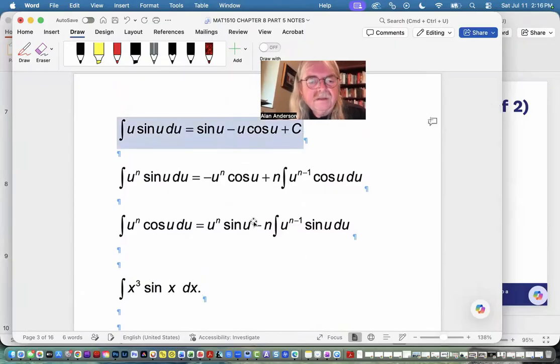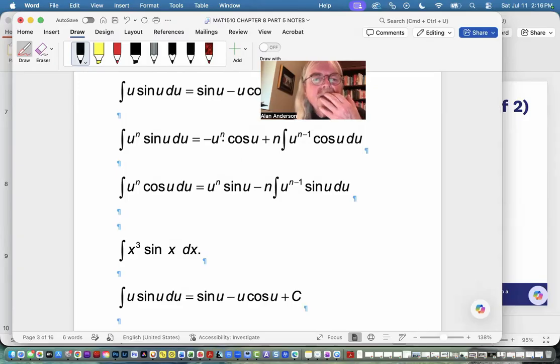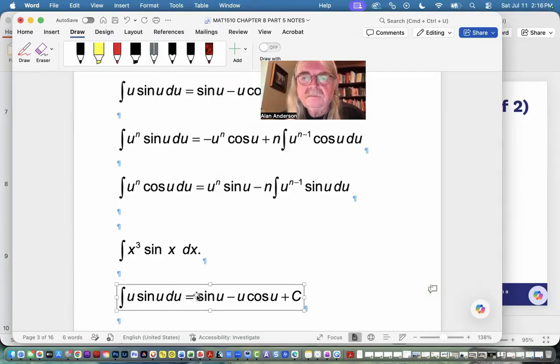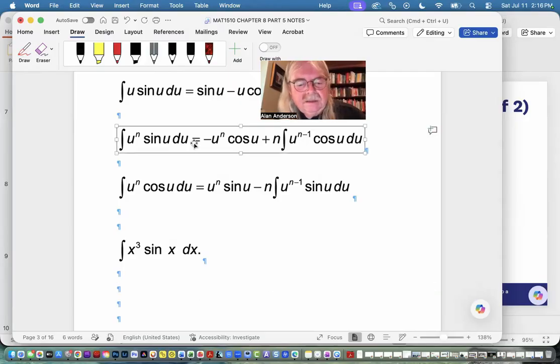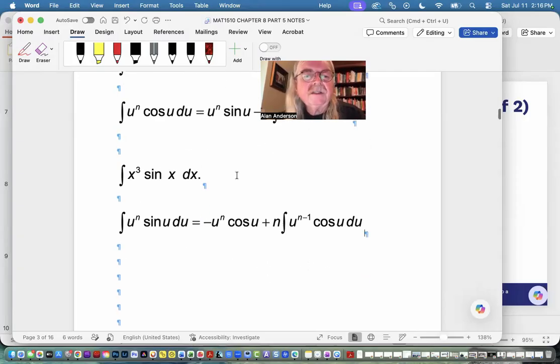So let's copy this. And so that implies that u is x. Oh, wait a minute. That can't be right. You know what? It's got to be the second one because this first one doesn't have an exponent. All right, let's get that out of there. Here we go. So yeah, that's good. That means x can be u, n is 3, and then, yeah, that's right.